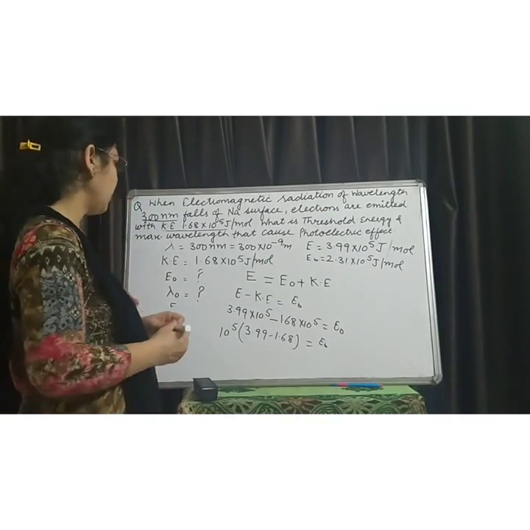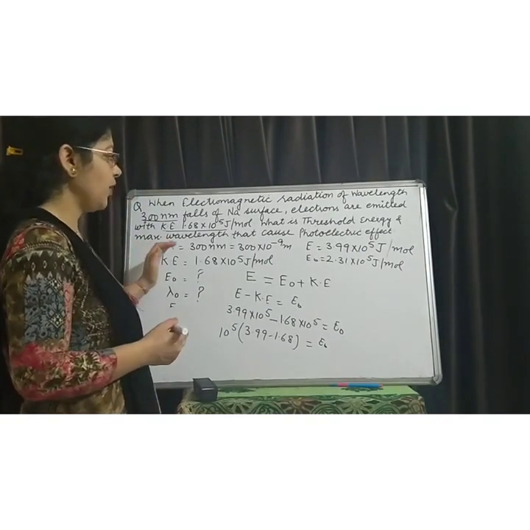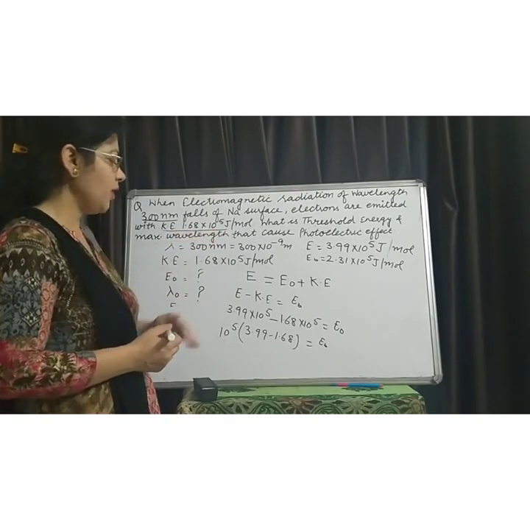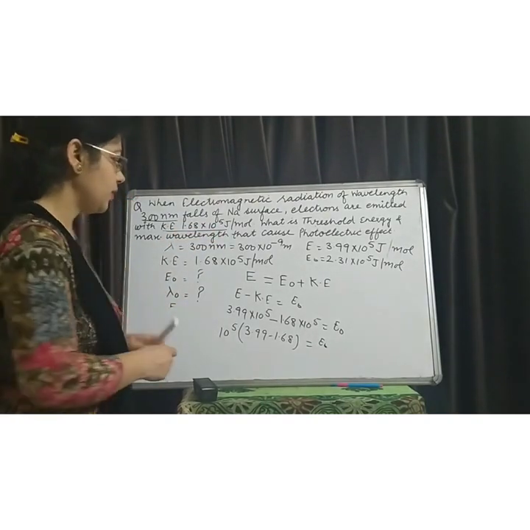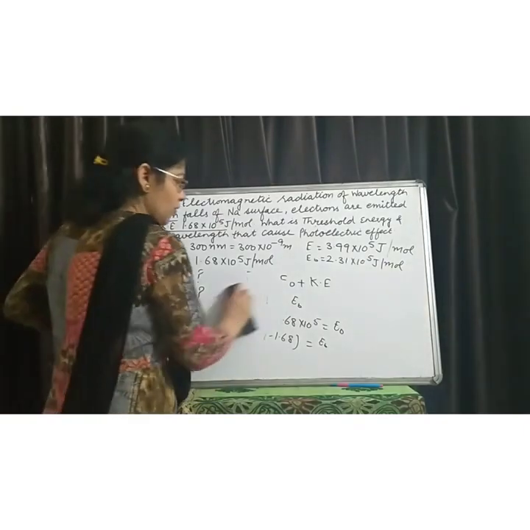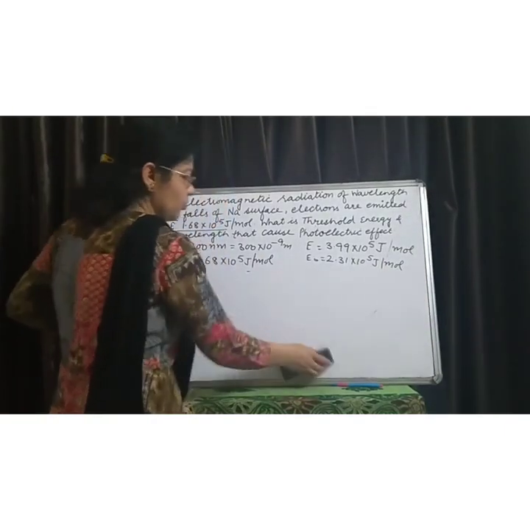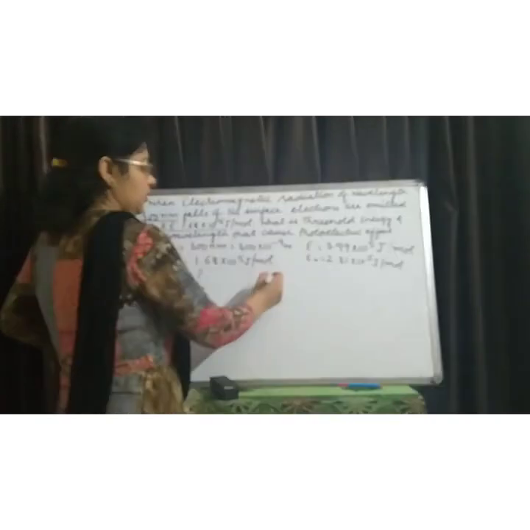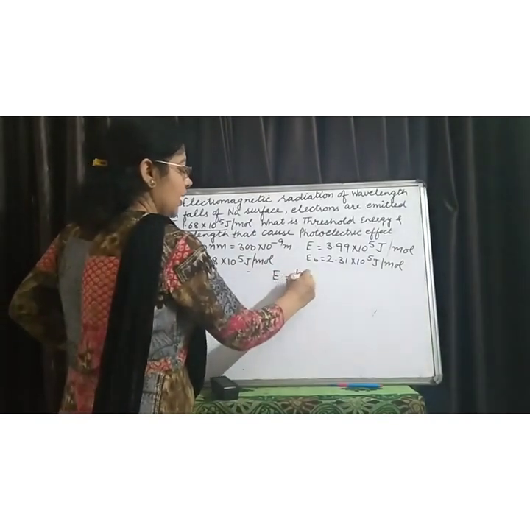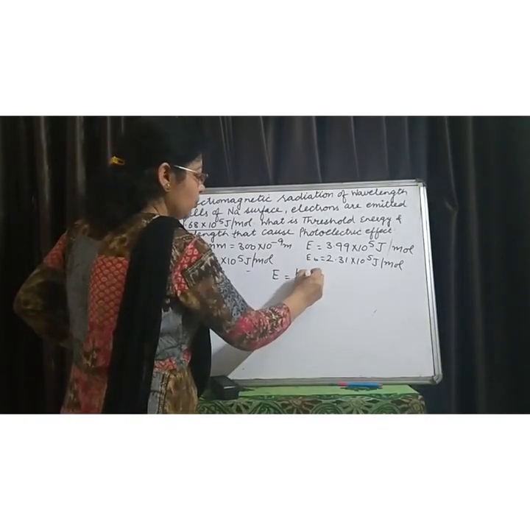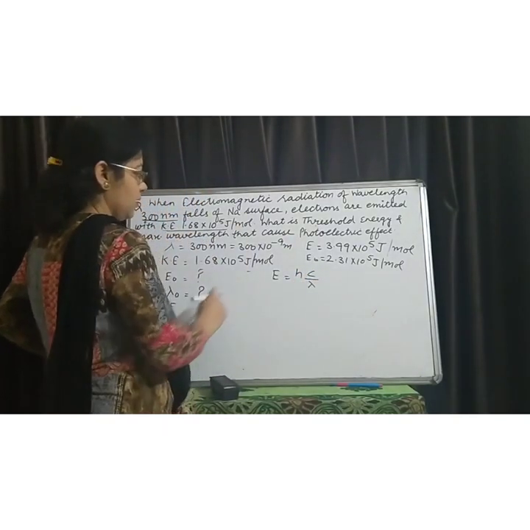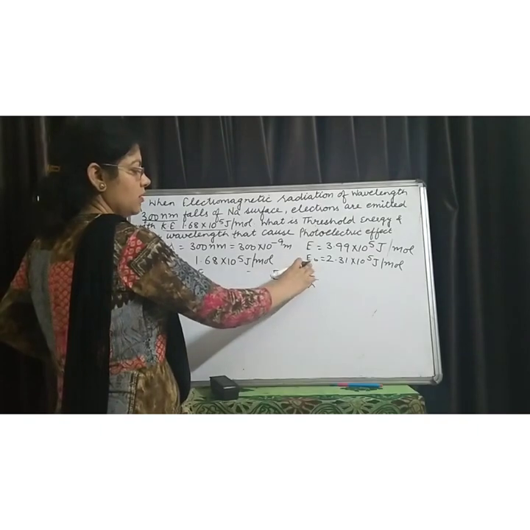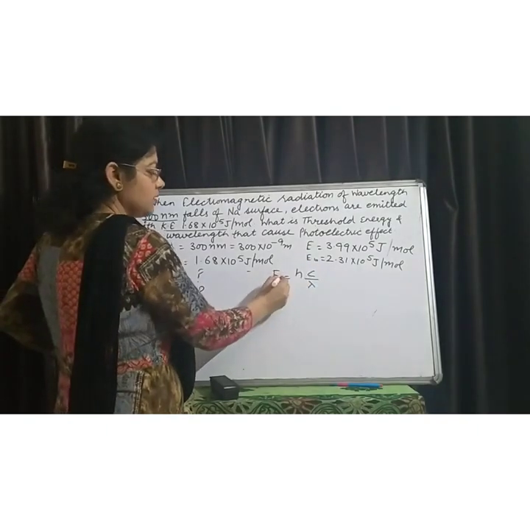Next, you have to calculate the maximum wavelength. Maximum wavelength means you have to calculate the threshold wavelength. From Planck's quantum theory, you know that E is equal to h nu, or nu is equal to c upon lambda, as we use for the threshold energy.